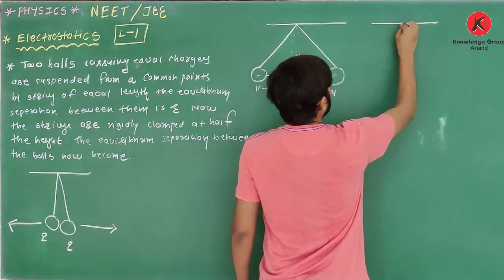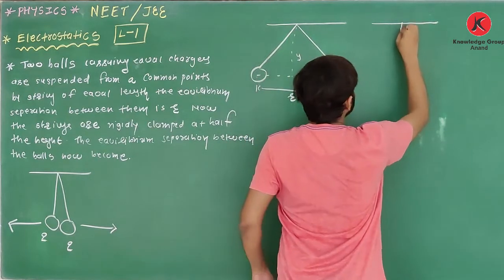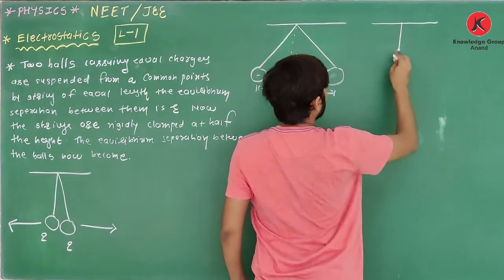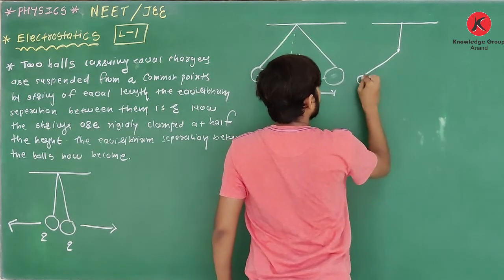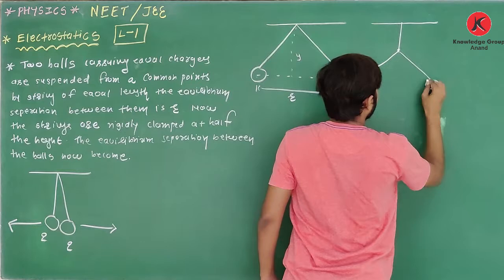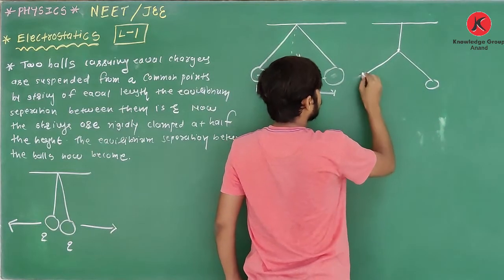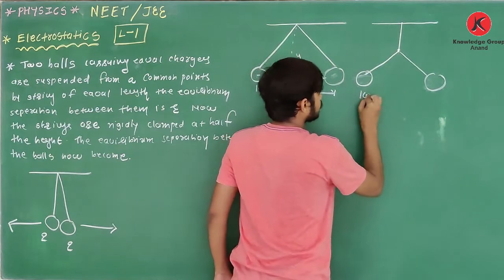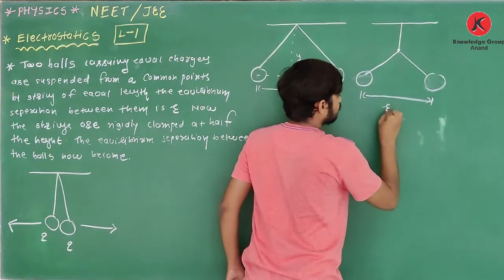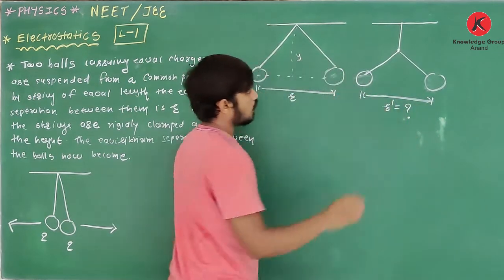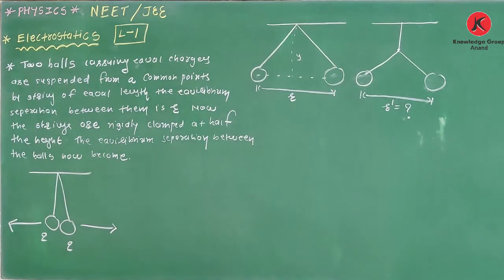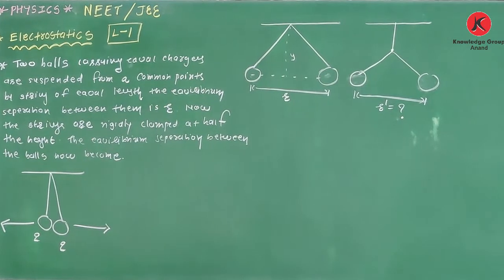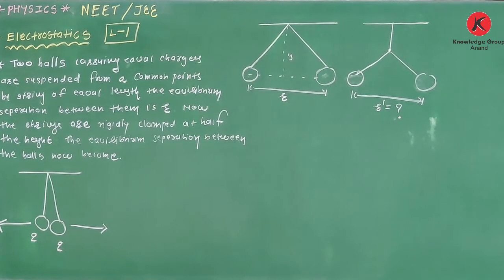Now these two strings are rigidly clamped at half of the height. The two spheres are the same. Now your question is, what is the equilibrium separation? R dash is equal to what? Clear about the question? Okay.